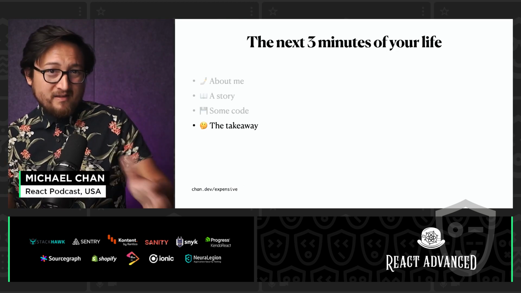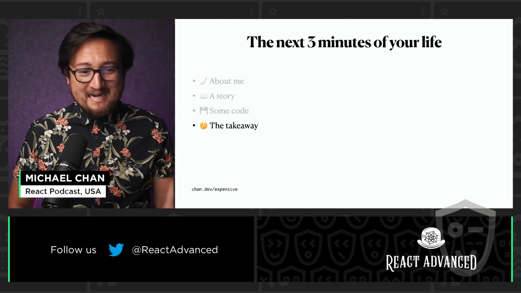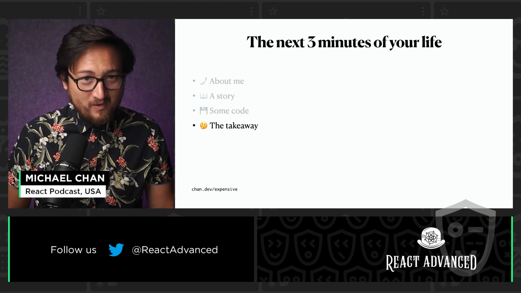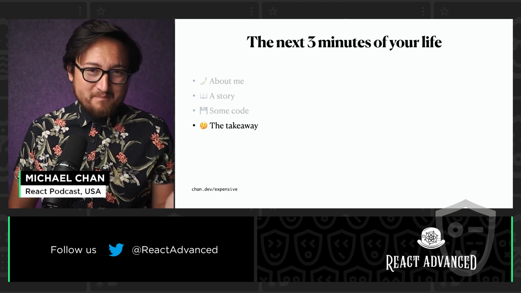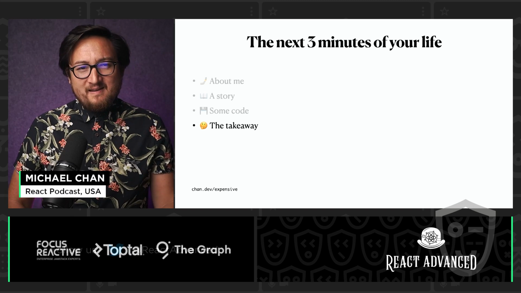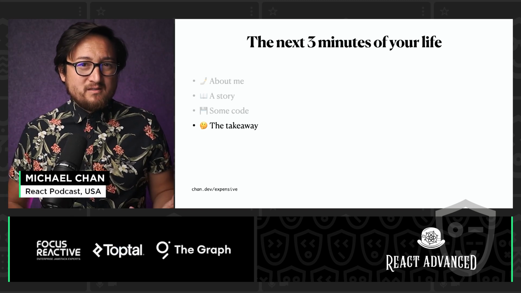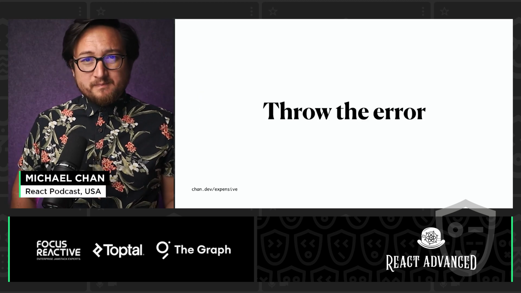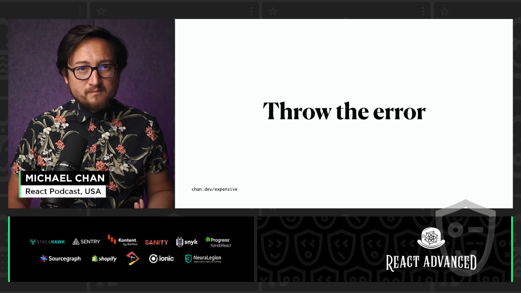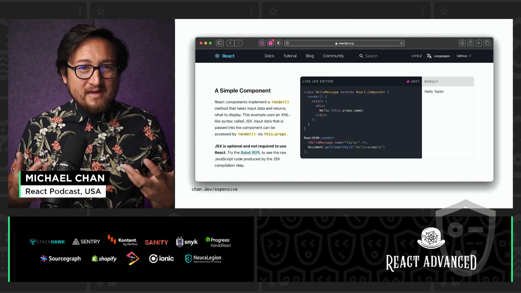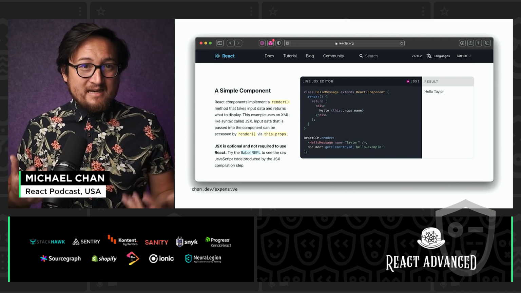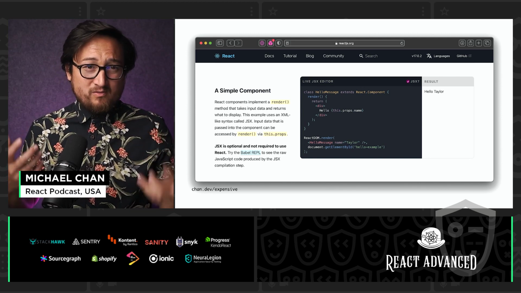Now, I have less than 3 minutes. I have like a minute and a half to finish up to try to make some takeaways from this. And my goal really isn't to tell you how to code, but to throw an error. I want to throw the error that this is actually not the hello world of React.